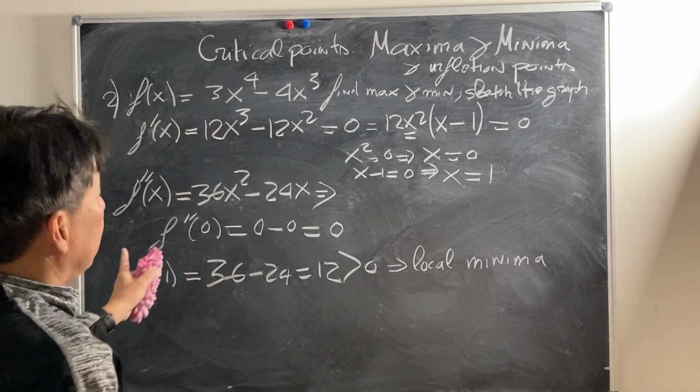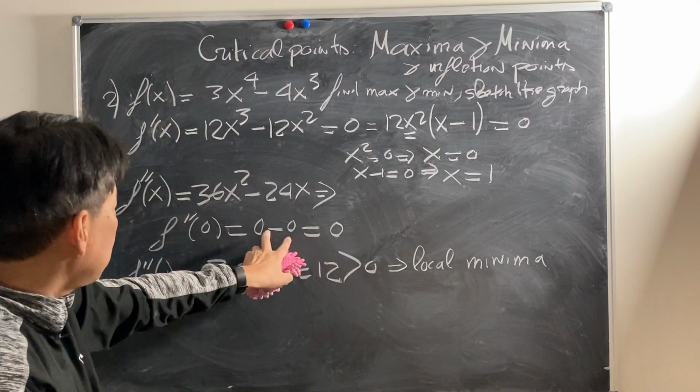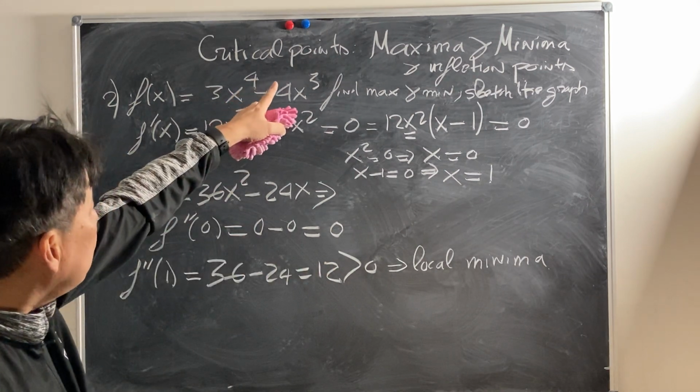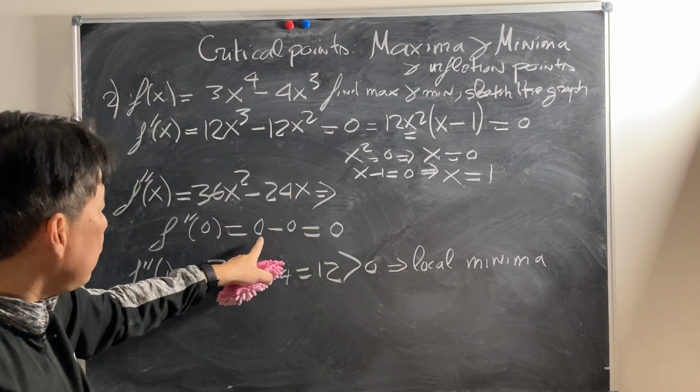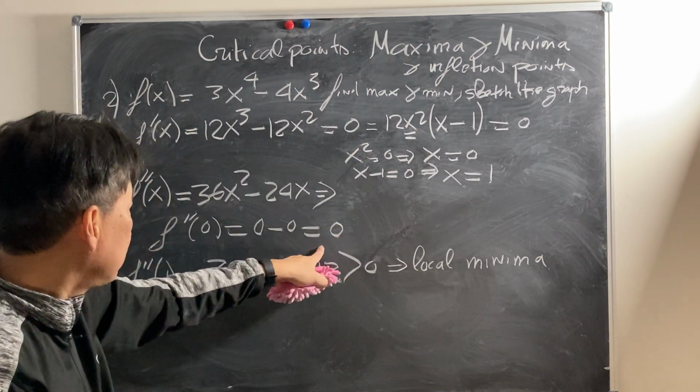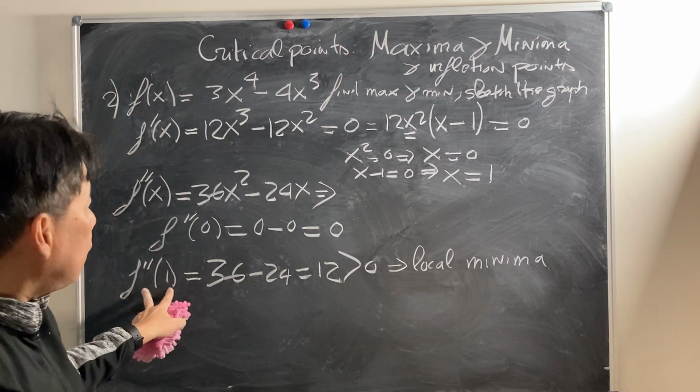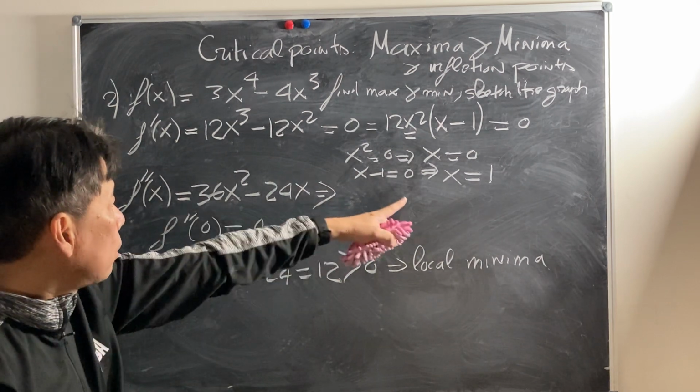So we found the critical points of this function. First of all, we got an inflection point at x equals 0, and also a local minimum at x equals 1.